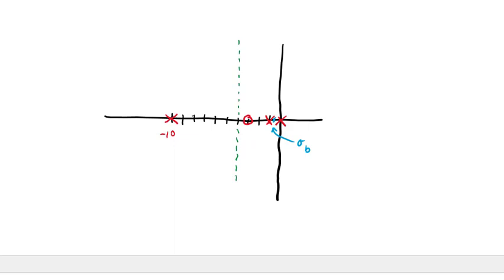Guess I can draw better going up than down. Okay, so there's the asymptote, and I'll just put sigma sub a there, and the angle is right there, 90 degrees. Actually, that angle should have been on the other side, but I don't want to ram it around that 0 there.